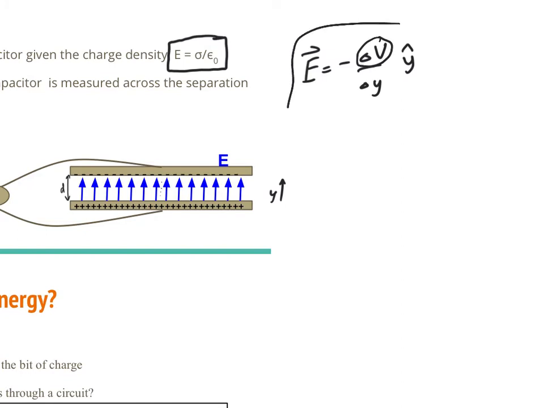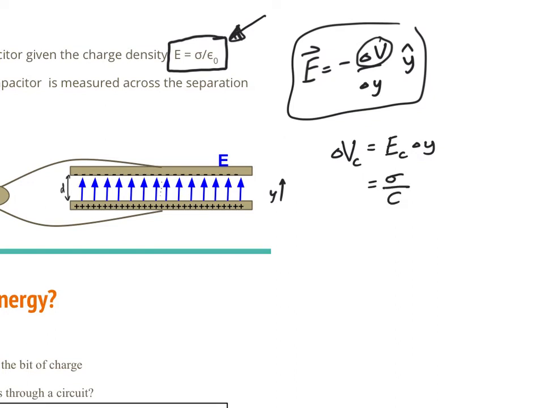This can be rearranged so that the difference in voltage across my capacitor will be equal to the electric field inside that capacitor multiplied by the distance between the plates, so delta Y. The electric field, well, we already know that from up here, charge density divided by the permittivity in the region.